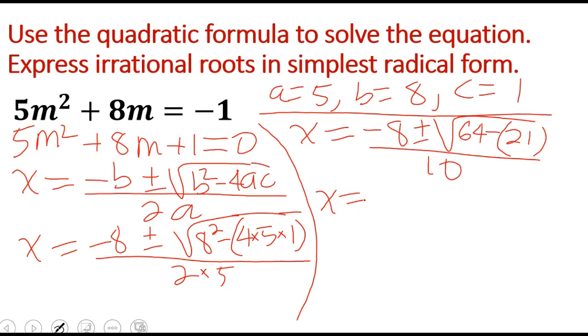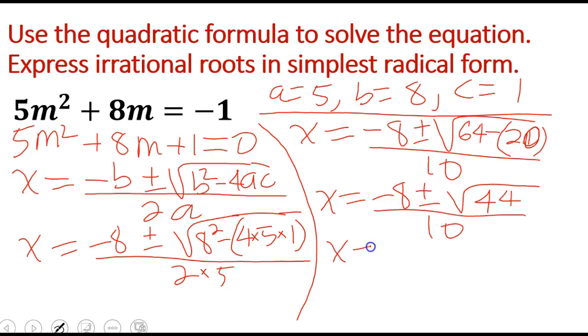So x equals negative 8 plus or minus square root of 64 minus 20. Oops, here, this is 4 times 5 is 20, 20 times 1 is 20. I made a mistake, I added there. So it should still be 20. So 64 minus 20 should be 44, all over 10.